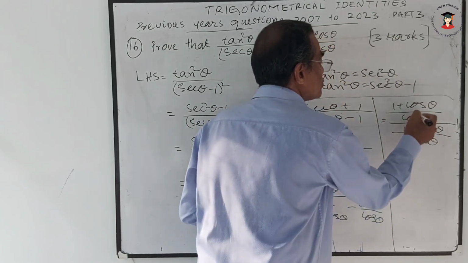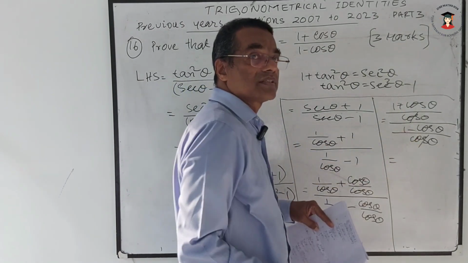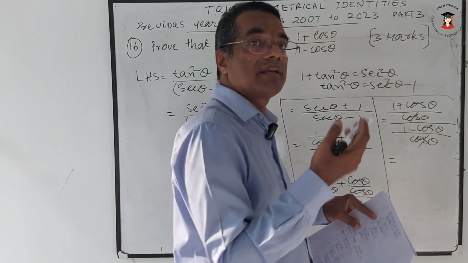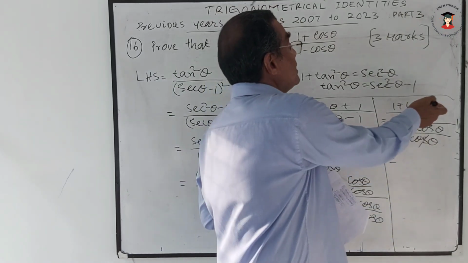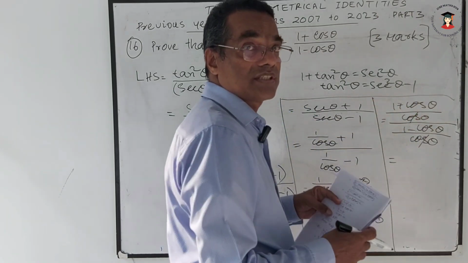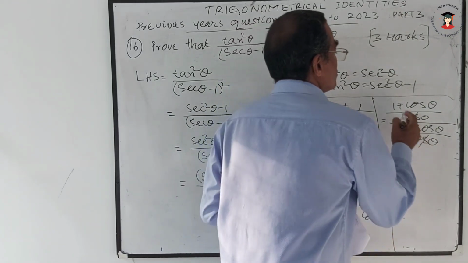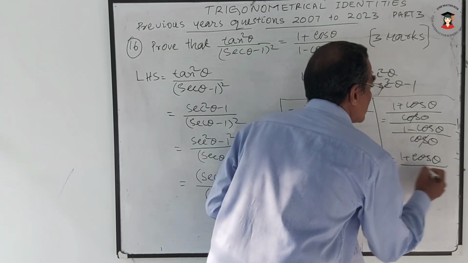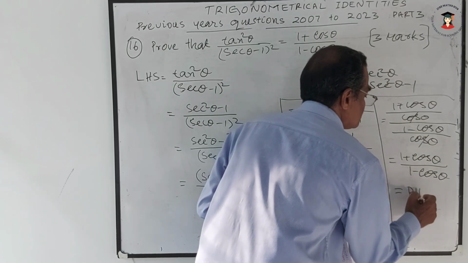When we divide one fraction by another fraction, we take the reciprocal of the fraction we are dividing by and multiply. When we do such an operation, this cos theta and cos theta will get cancelled. So the remaining will be 1 plus cos theta divided by 1 minus cos theta. And this is the RHS.